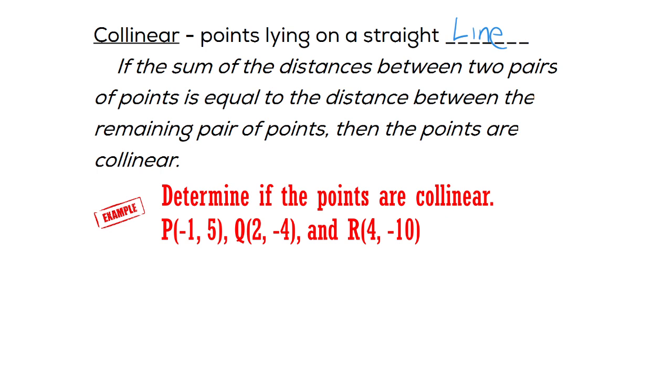What we're really doing is using the segment addition postulate, or the segment addition property, however it was presented to you in geometry. If the sum of the distances between 2 pairs of points is equal to the distance between the remaining pair of points, then the points are collinear.